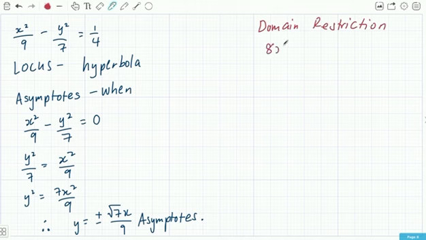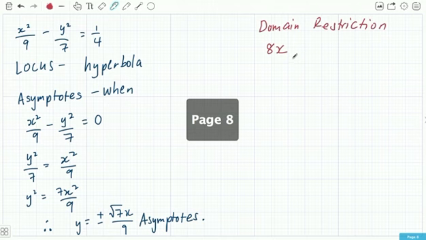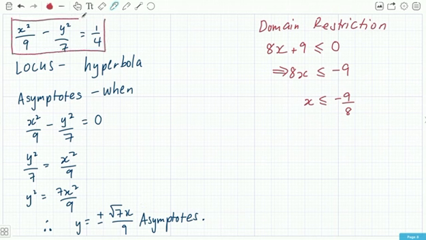is that 8x plus 9 has to be less than or equal to 0, which implies that 8x is less than or equal to negative 9, so that x is less than or equal to negative 9 over 8. So that's a domain restriction on this hyperbola. So still the same hyperbola, it doesn't change that answer.